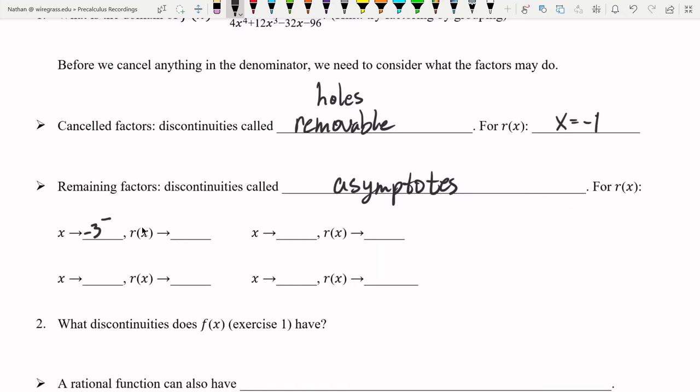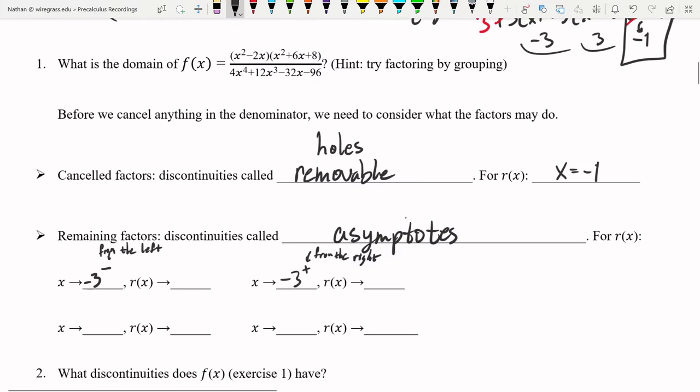The right-hand side is the positive numbers. So we look at x approaching negative 3 from the left, and x approaching negative 3 from the right.